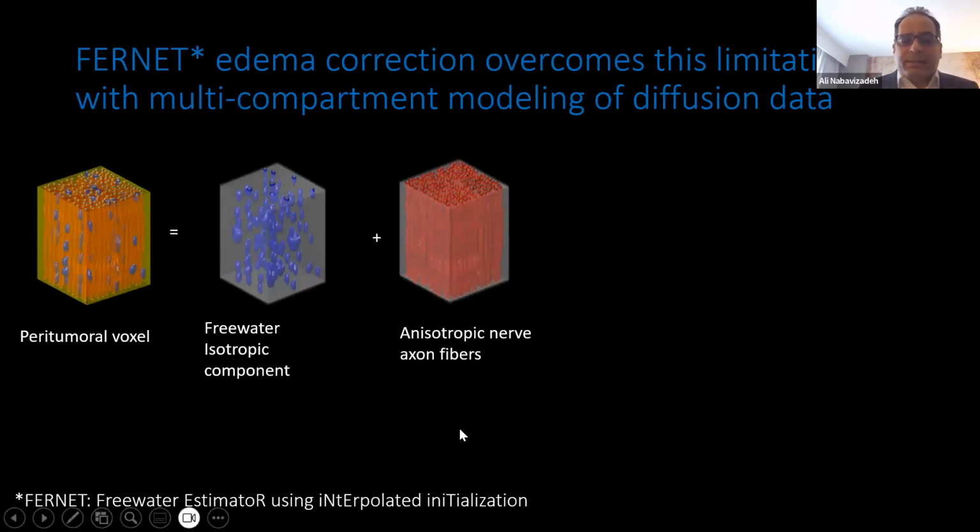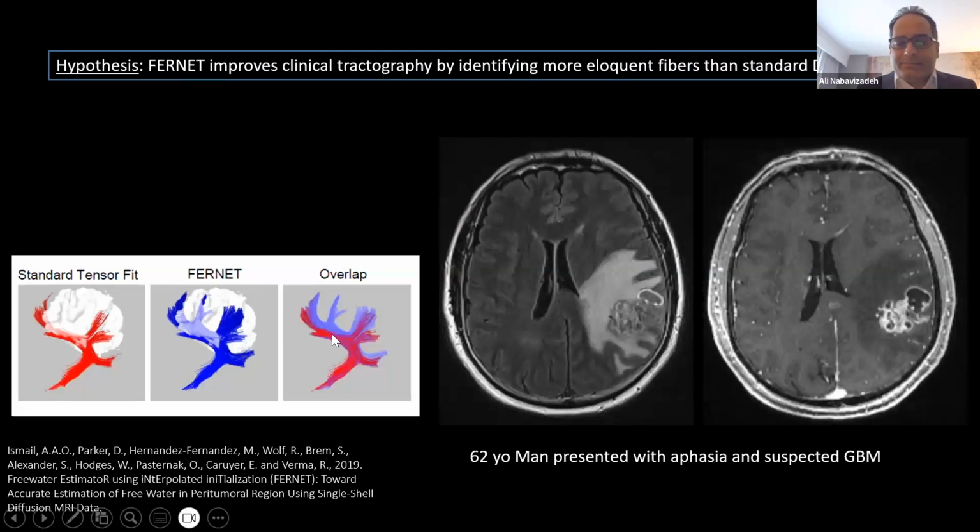In the peritumoral voxels, they can separate the component of free water, the isotropic component, from the anisotropic nerve axon fibers. FERNET, which is the new version that takes into account free water, can show the fibers in more detail compared to the standard tractography.